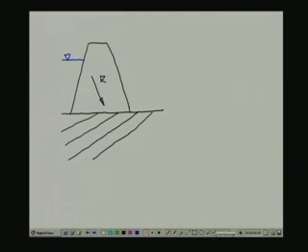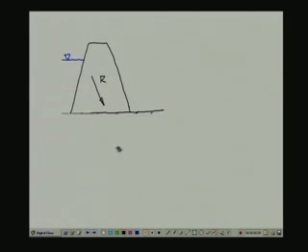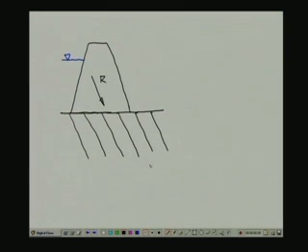On the other hand, if we had the bedding orientations like this, the shear strength available is going to be minimal. So we prefer that the resultant is oriented in a direction perpendicular to the direction of beddings for the safety of the dam.